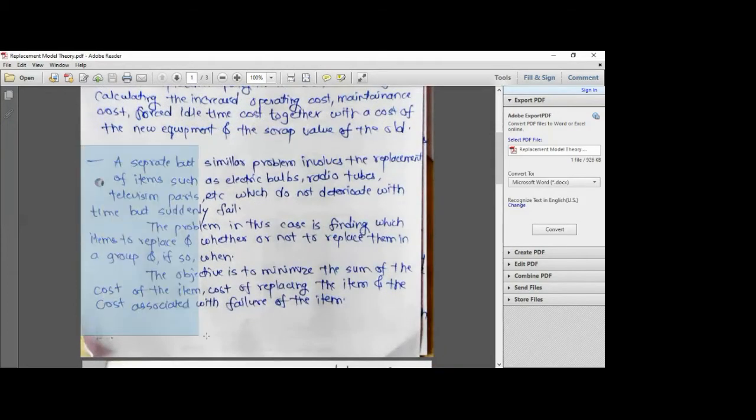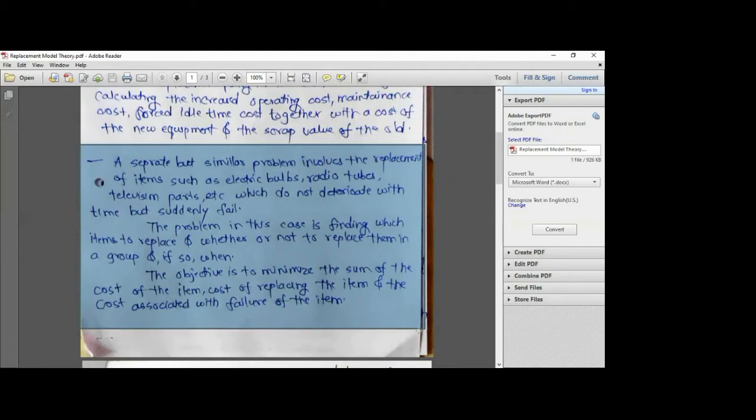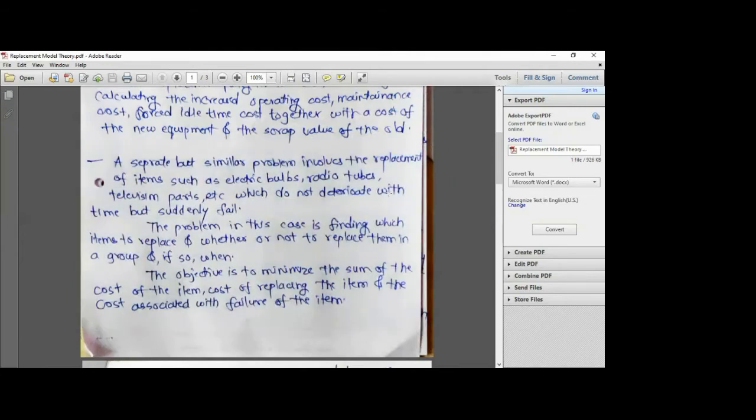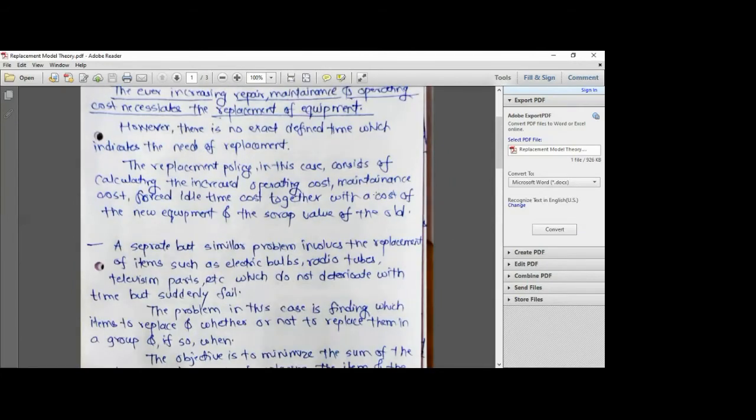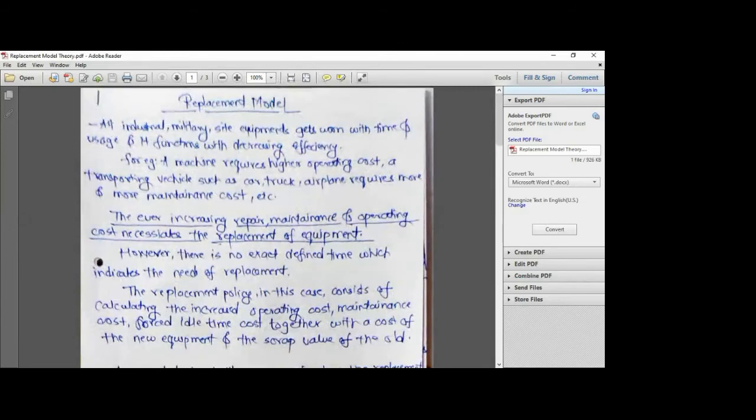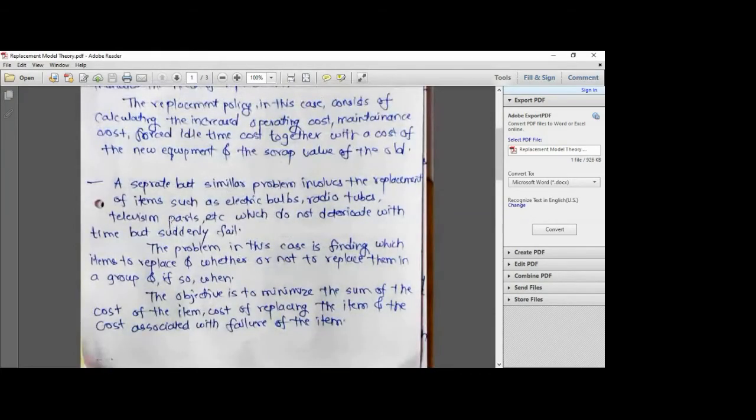separate case where the problem involves the replacement of items. Here I was talking about the machines, the cars, and all those things, but for other replacement items, such as electric bulbs, radio tubes, television parts, etc., which do not deteriorate with time but suddenly fail, right?